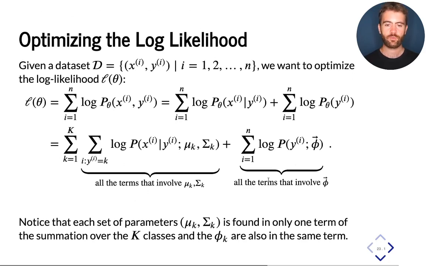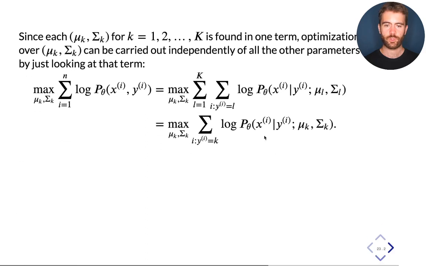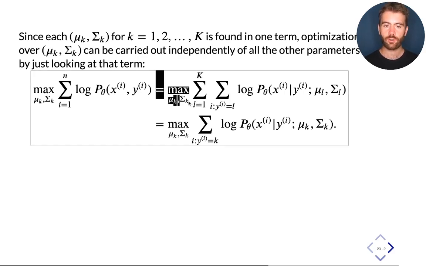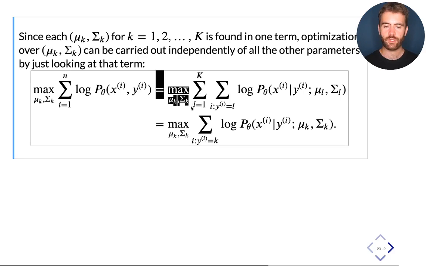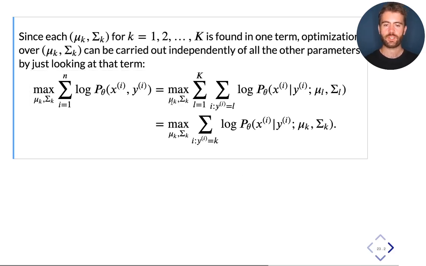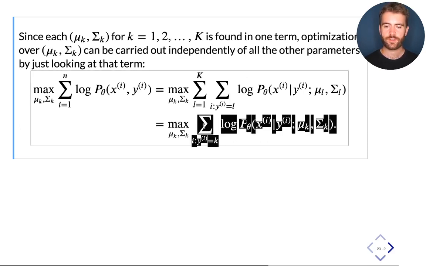I only have this set of terms. And out of this sum, where I'm summing from l equals 1 to K, only when l equals our lowercase k do we start seeing mu_k and sigma_k. So I can ignore everything except this set of terms.